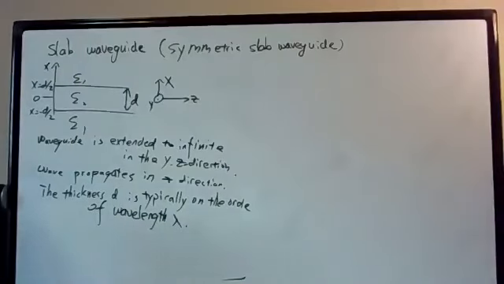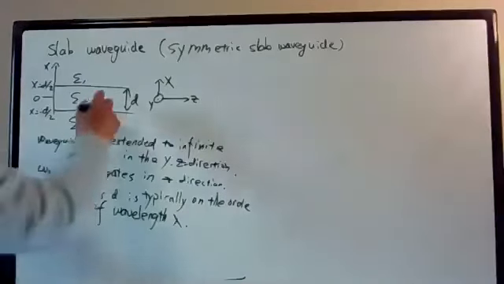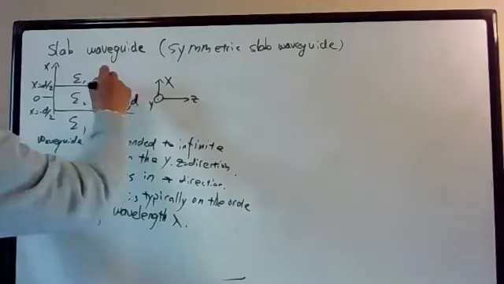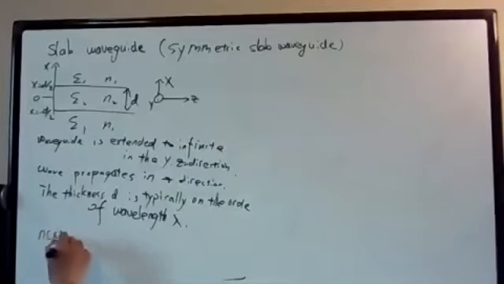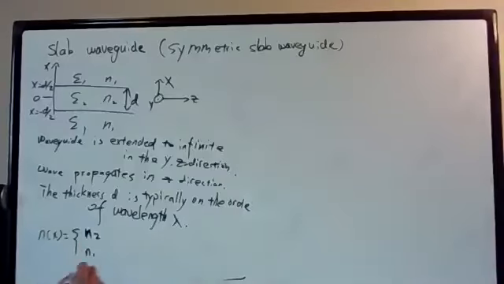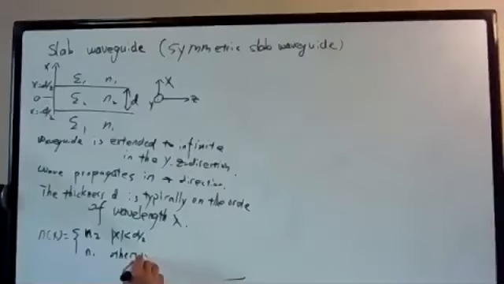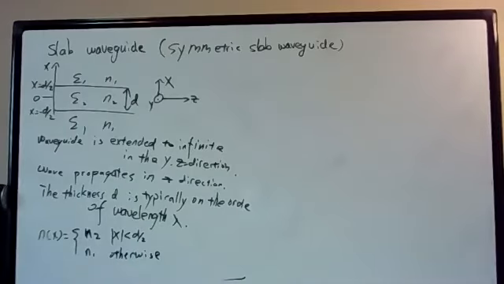Okay, so the refractive index we'll define as N2 in the center and N1 outside, right? So N(x) equals N2 when the absolute value of x is less than d over 2, and N1 otherwise, right?